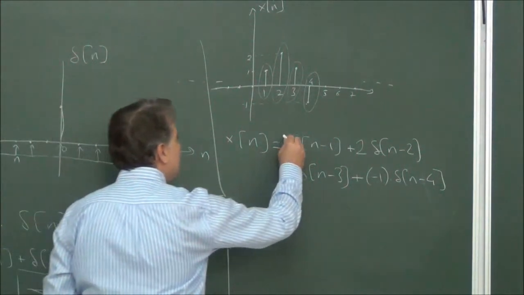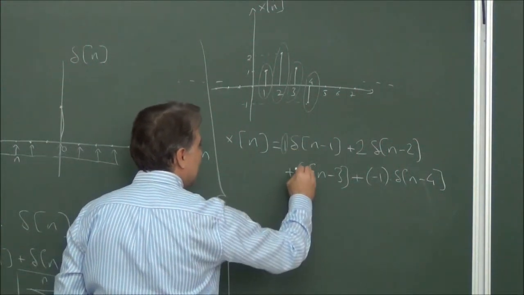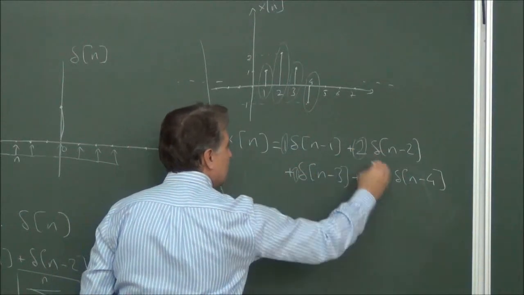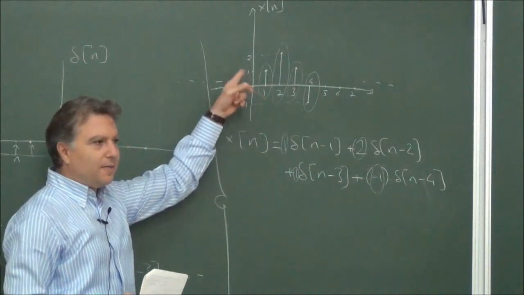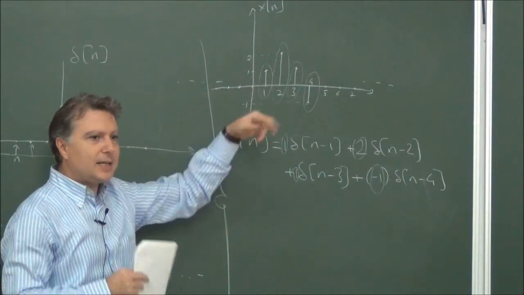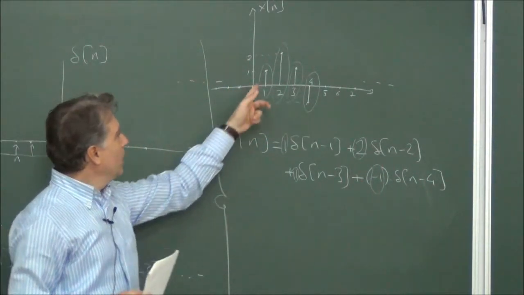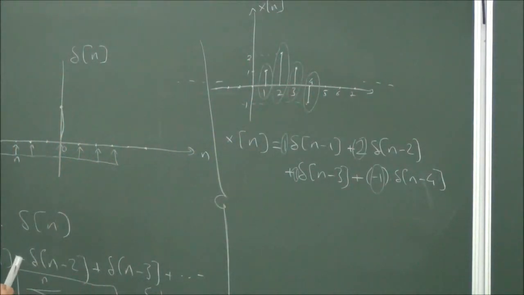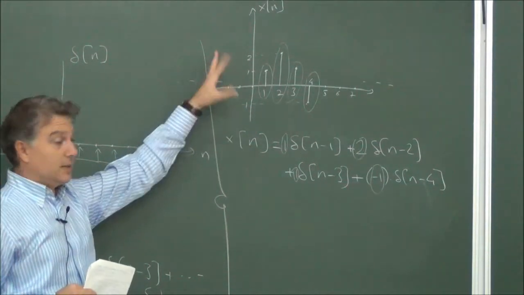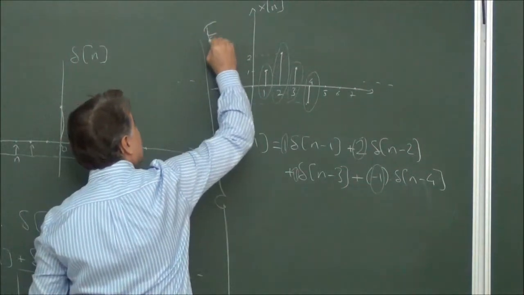And what are these values? Those values are the values that the signal has anyway: 1, 2, 1, and minus 1. Okay? This is x of n, for this example.